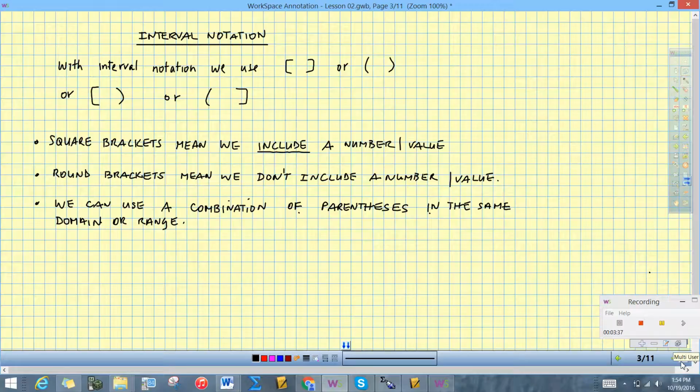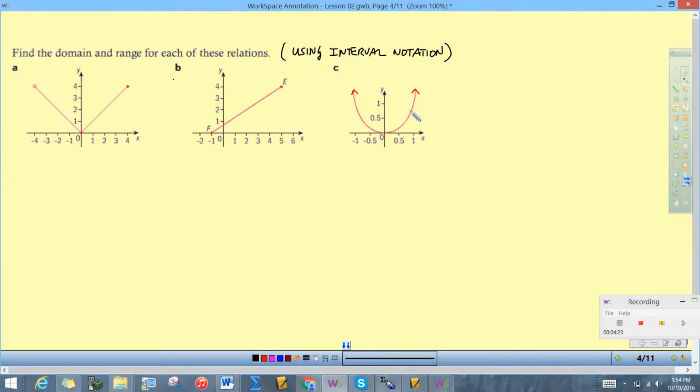If I place square brackets, it means that I am including a certain number or value, and if I place round brackets, that means that I'm not including a number or value. And we can obviously use a combination of those brackets in the same domain or range, depending on what our graph looks like. Okay, so let's use interval notation and do these three examples.